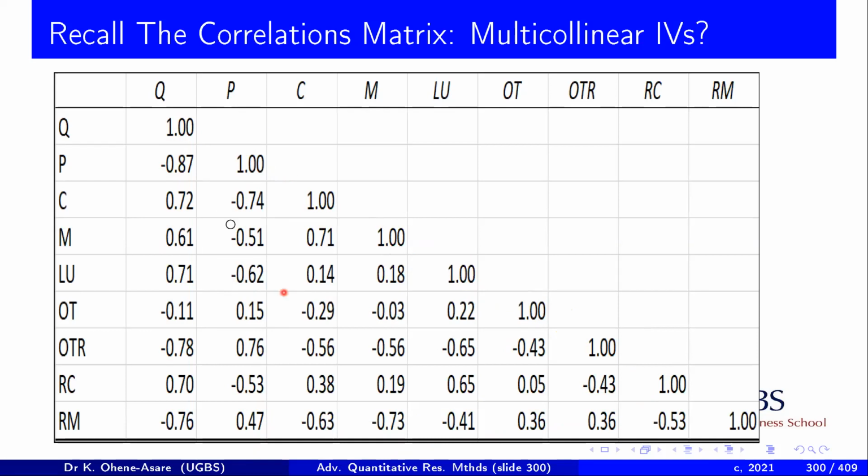So you note them down with your eye. The first variable that is so high is positive 0.76. So this means that there seems to be a high correlation between OTR and price.